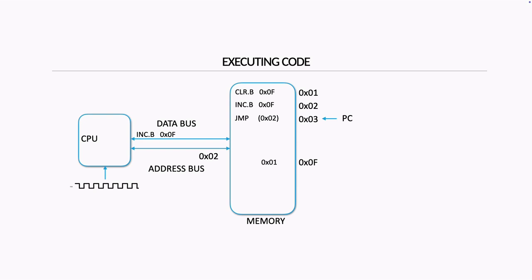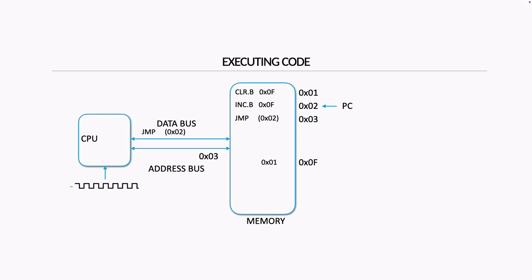The program counter is increased to the next address, pointing to the next instruction. The instruction is decoded and executed by the CPU. The instruction is increase destination address 0f. The value at address 0f is increased. Now we have a value of 1 at address 0f.